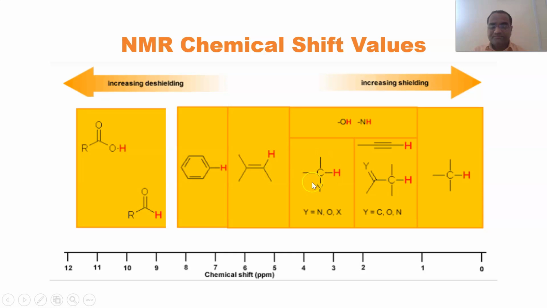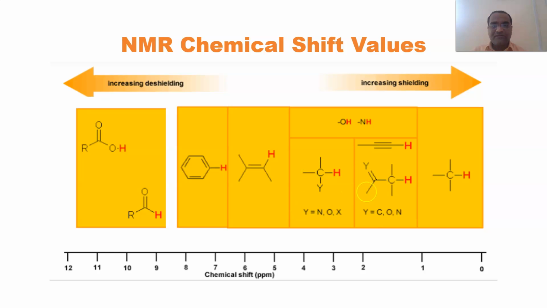After that, Y, which is having an attachment of nitrogen, oxygen or halogen. Such protons come in a region around 2.5 to 4.5, depending on what type of electronegative atom is attached. Looking at halogens, there are 4 halogens.